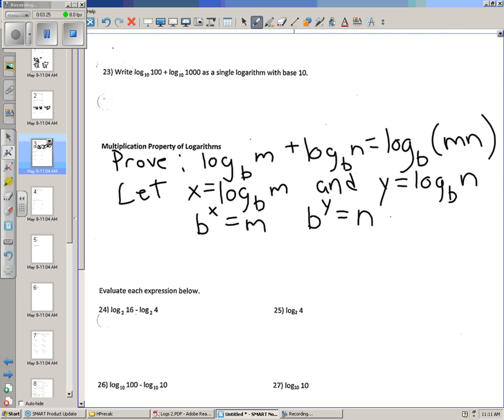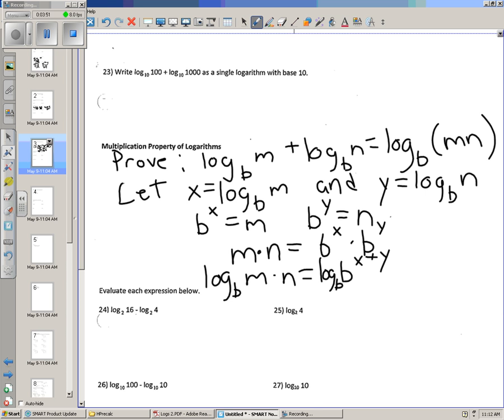So now if we multiply, we know that m times n is the same thing as b to the x times b to the y. So we can now rewrite the right-hand side as b to the x plus y. I'm going to take the log of both sides so that I can get the variable out of the exponent.